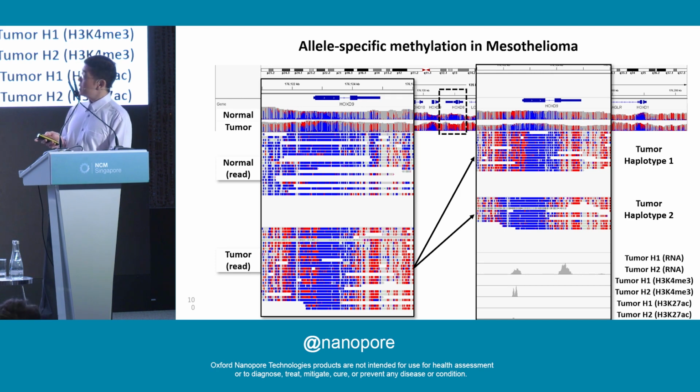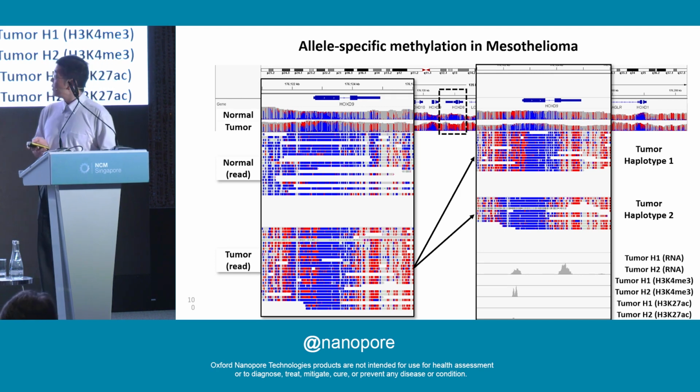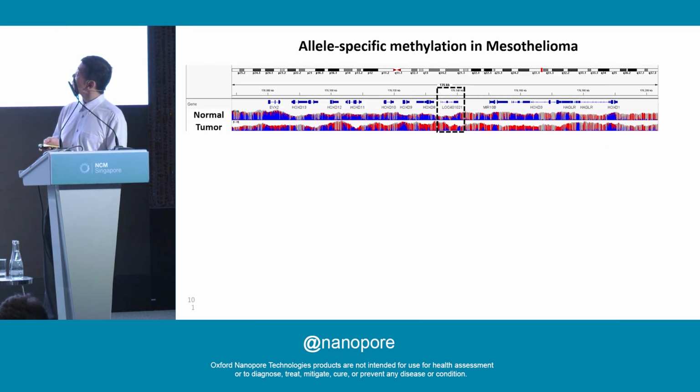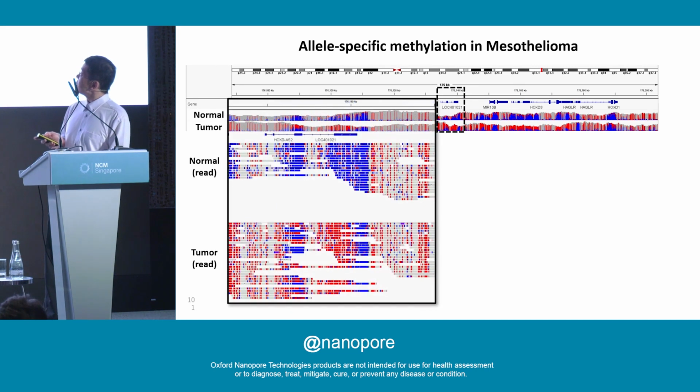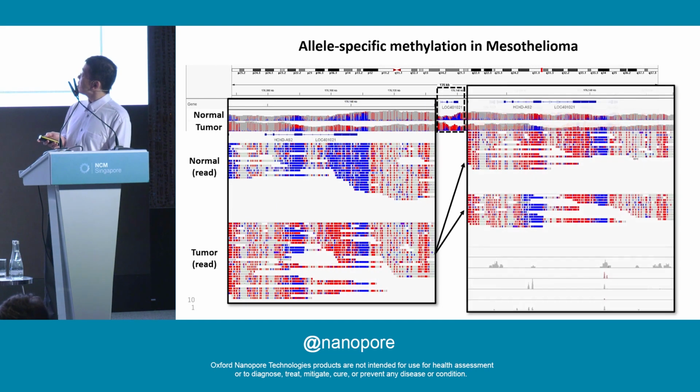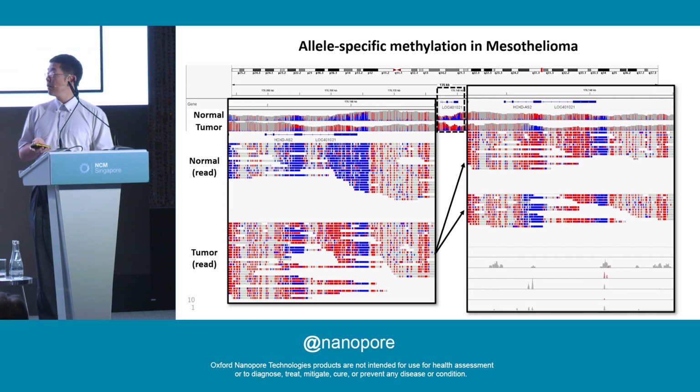So this region is differently regulated in the cancer genome. That is another example, of an antisense gene in the HOXD region. We found 5,000 allele-specific de novo acquired methylation sites in mesothelioma cell lines.